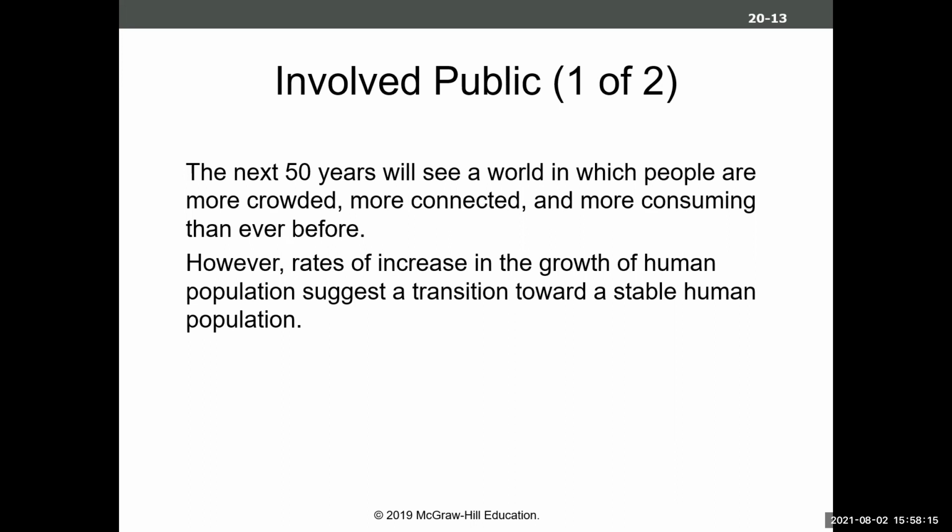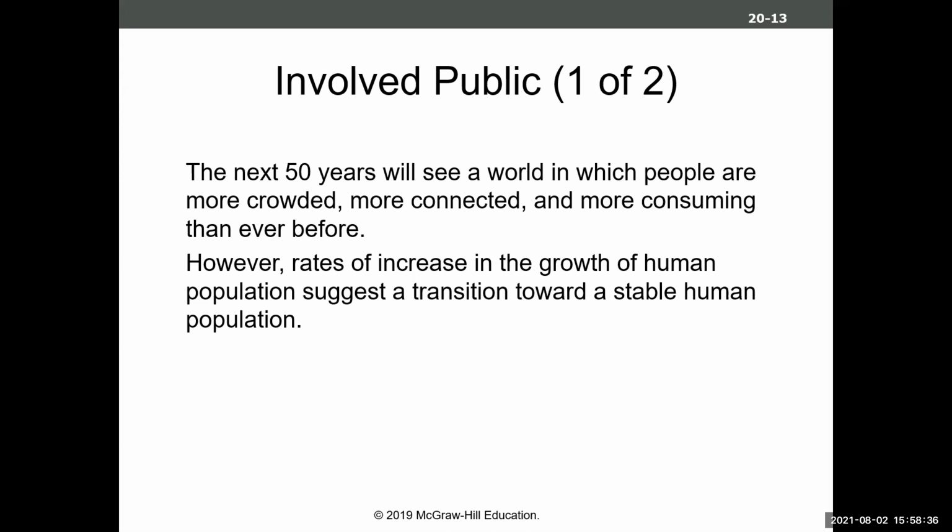And we need to have an involved public. We need to get the communities involved. We need to educate them on these connections and how over-consuming resources is a big deal, tragedy of the commons issues, and a lot of the other things that we've talked about throughout this course.